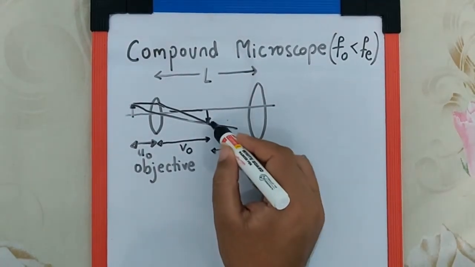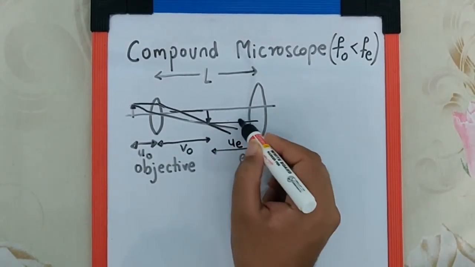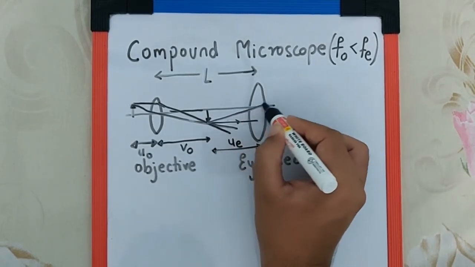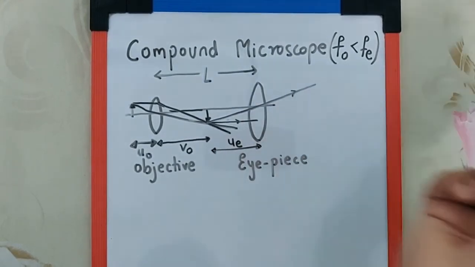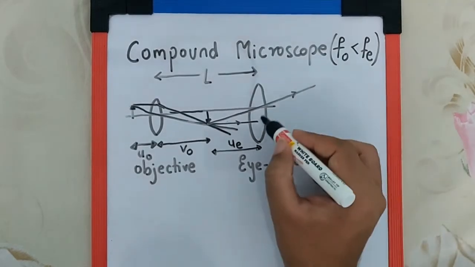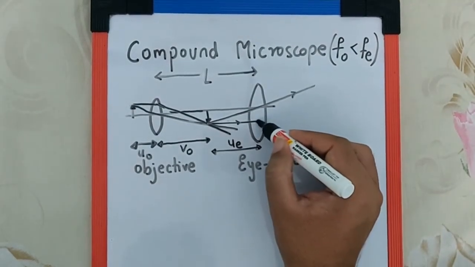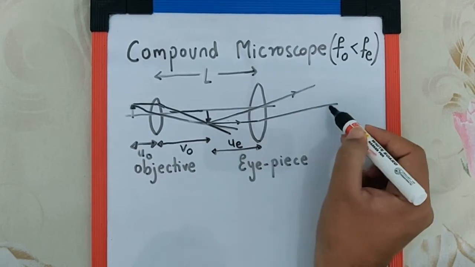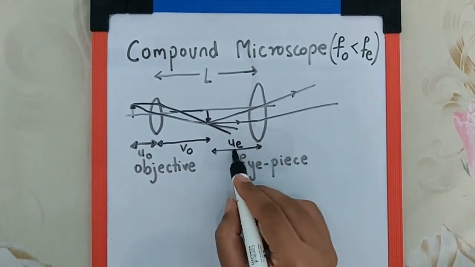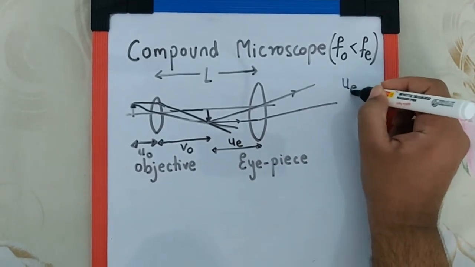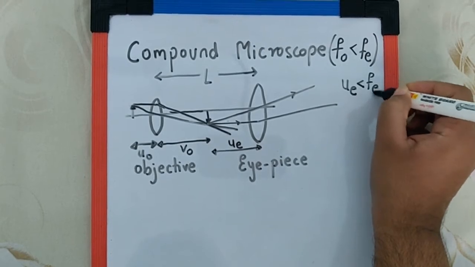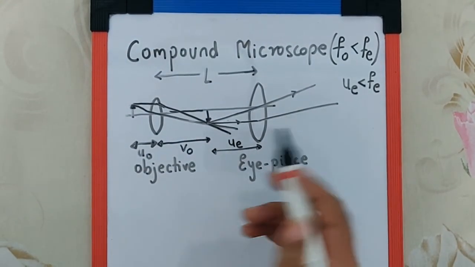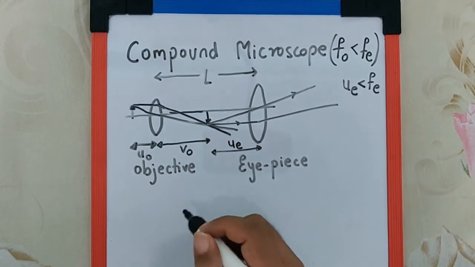And so a ray of light parallel to the principal axis will go over here, and a ray of light passes through the optical center without any deviation. The rays which are deviating will deviate in such a way that these two rays will never merge, which means we keep UE less than FE to get the virtual, inverted, magnified image in the standard case.